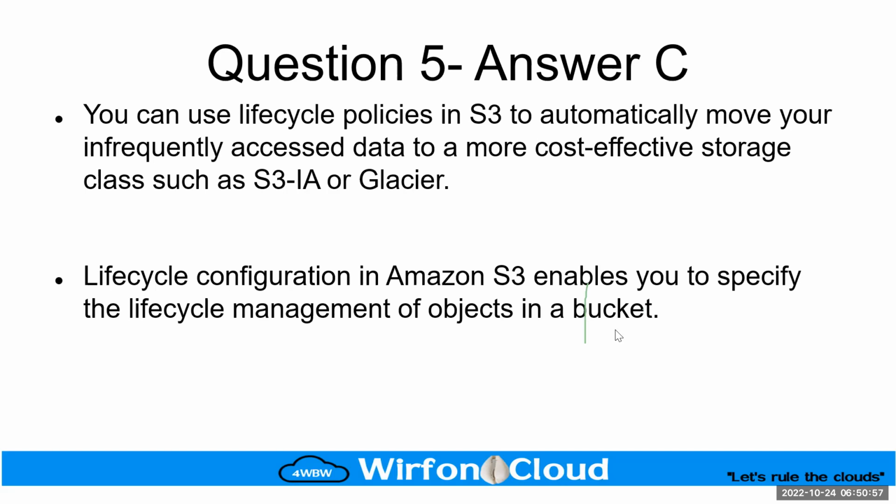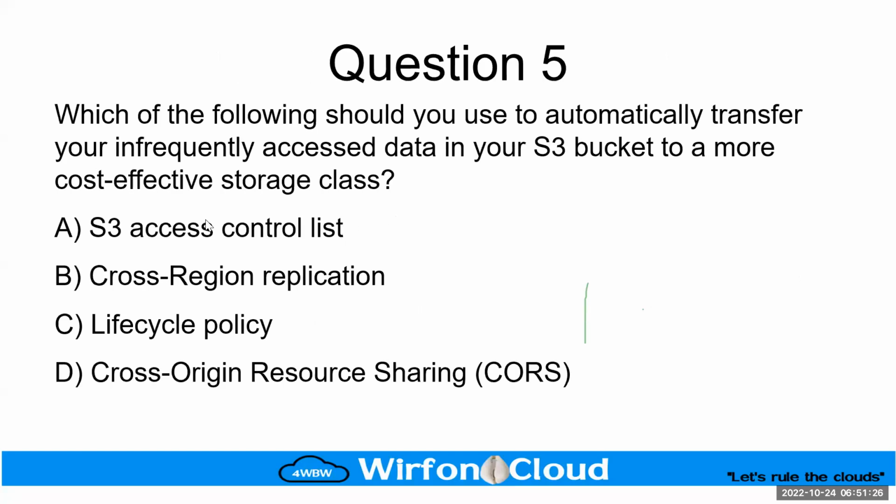Let's say for the first month you're going to be using your data very frequently, and in the next 3 months it's going to be used less frequently, but you also want access to it as fast as possible when you need it. Maybe now move to S3 Infrequent Access. So lifecycle policies are what you use here. For the other ones, at the moment we haven't gone through them apart from the S3 access control list. But in this scenario, lifecycle policy is the best.